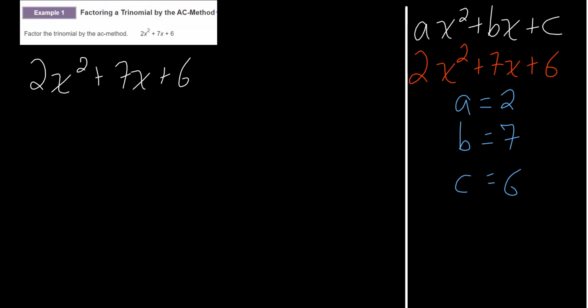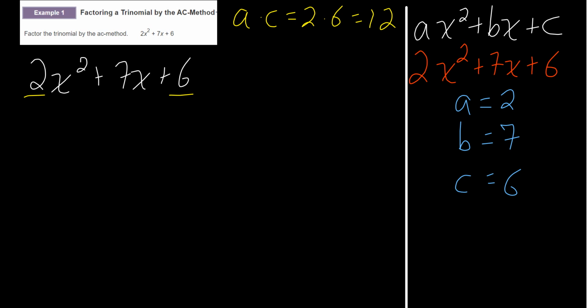So here we go. My A value and my C value. Let's do A times C, which is equal to 2 times 6, which is equal to 12.